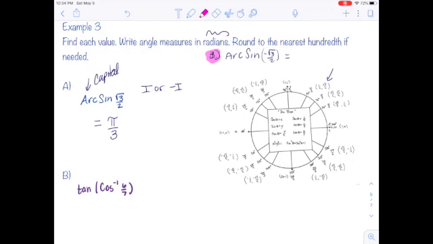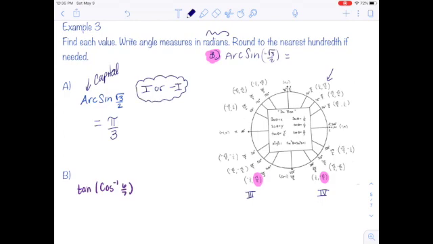I would be asking you, what angle has a sine value of negative square root of 3 over 2? This angle of 4 pi over 3 is in my third quadrant. The angle of 5 pi over 3 is actually lying in my fourth quadrant.